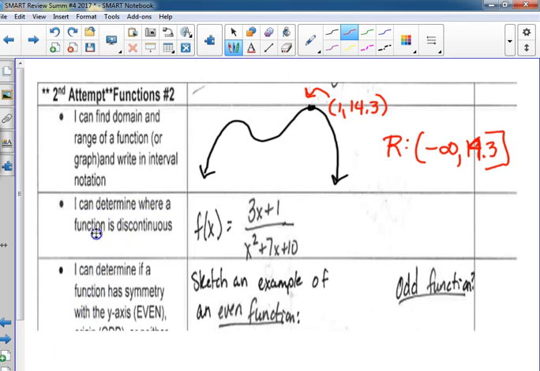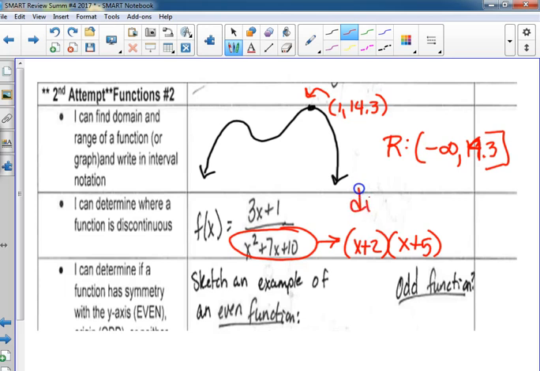I can determine where a function is discontinuous. Where the denominator equals 0 if it's a rational function. So that factors how? x plus 2, x plus 5.